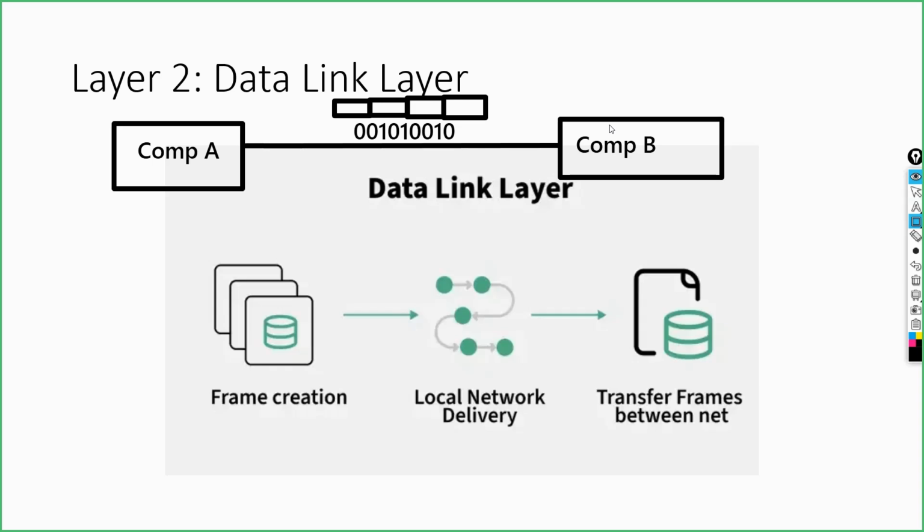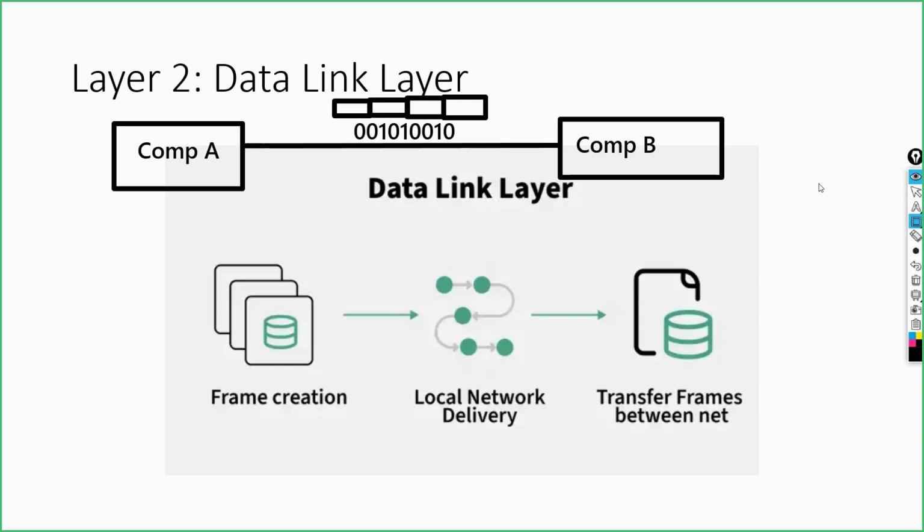What happens is whenever a computer transmits the data to computer B, it is divided into small segments. When this is divided, this is nothing but the data transmission rate, data segments, how much data will be transferred per second.